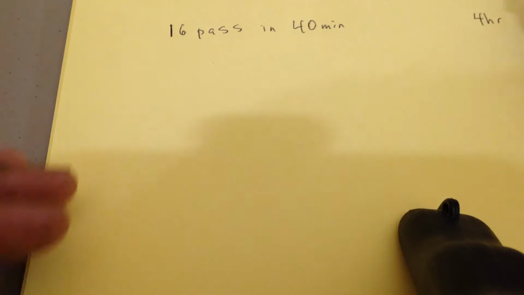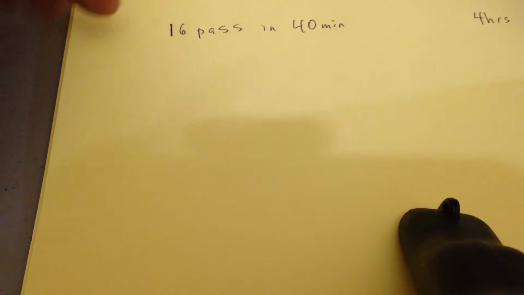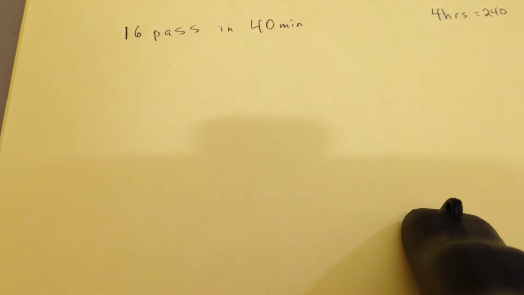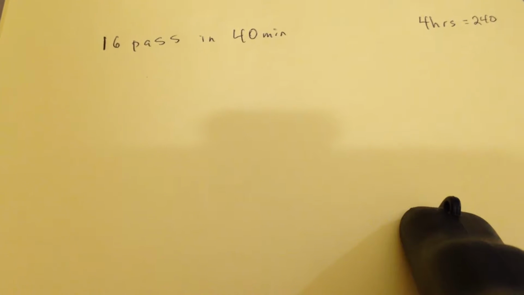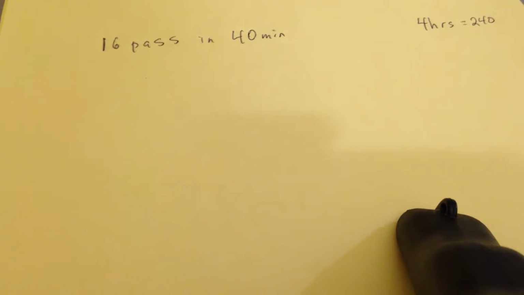Now, she's doing this for 4 hours. The 4 hours and the minutes are 2 different times, so we're going to have to make it all in the same time. So what we're going to do is convert the 4 hours into minutes. 4 hours is going to come out to 240 minutes. Why? Because there's 60 minutes in an hour, and since she's doing this for 4 hours, it's going to be 240 minutes.